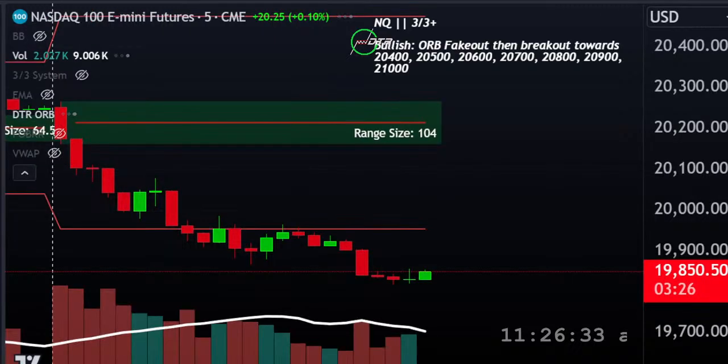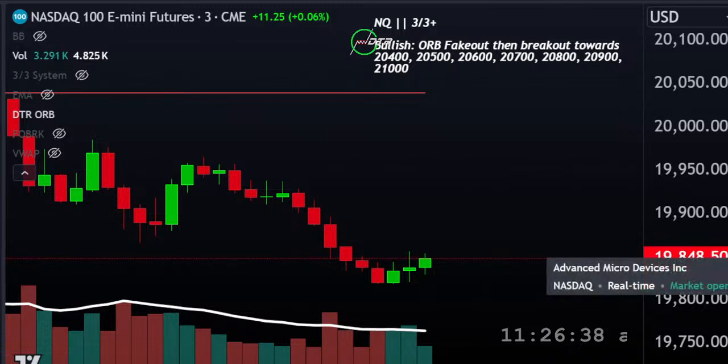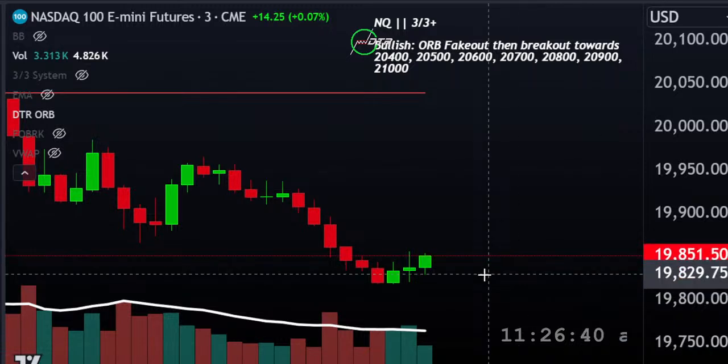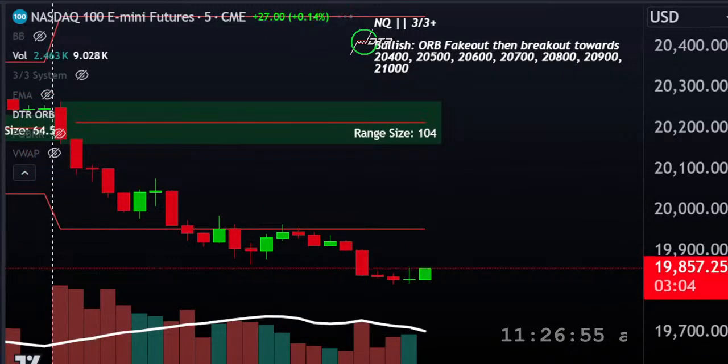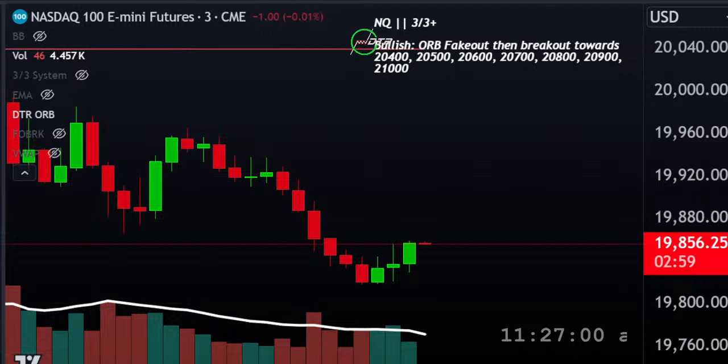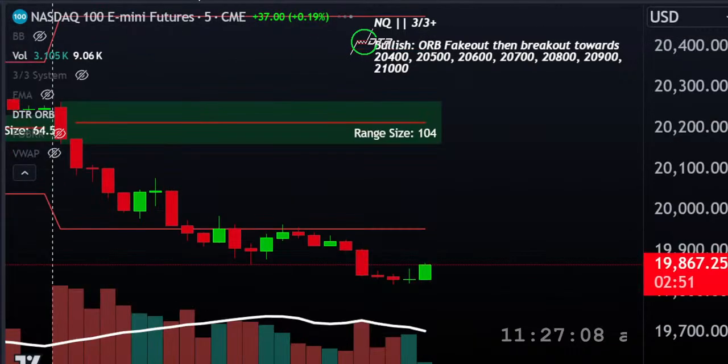It's almost like Costanza market. 3 for 3s to the upside on sell days, buy signals or sell signals or buy signals. Three green soldiers. Is that enough to call it a reversal?